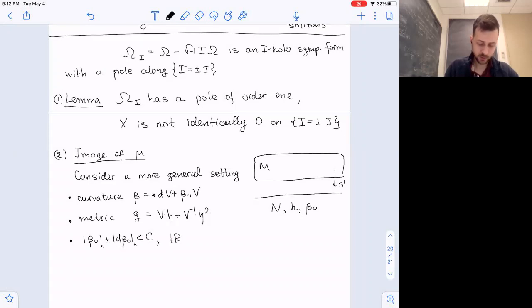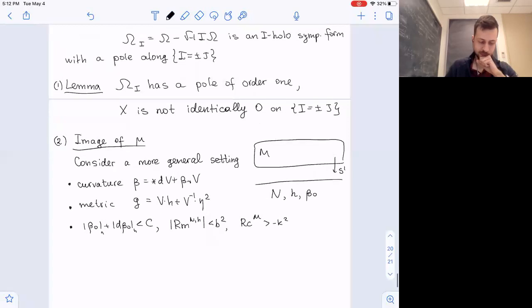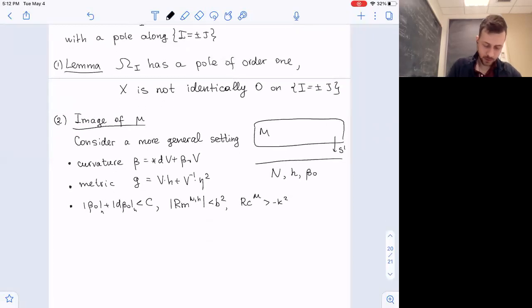And we also assume some sort of control of geometry on N, and some weak control over geometry on M: the Ricci curvature is just bounded from below. So the claim which I want to make here, actually we'll need more in the proof, but all the essential parts will be seen here.